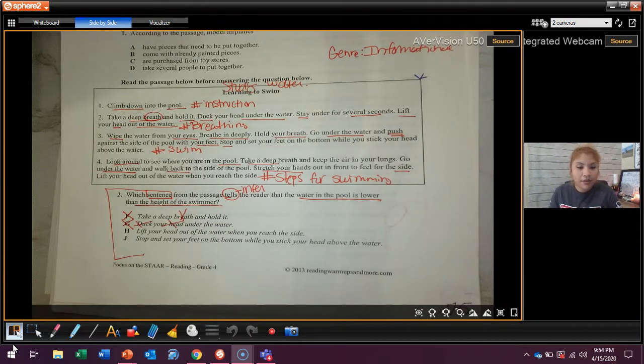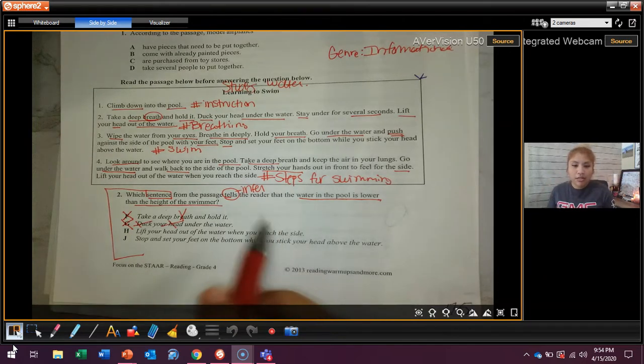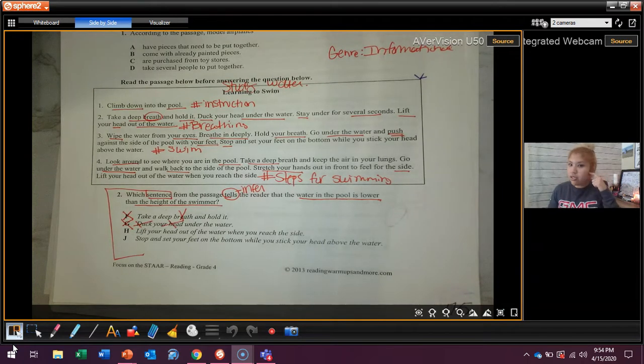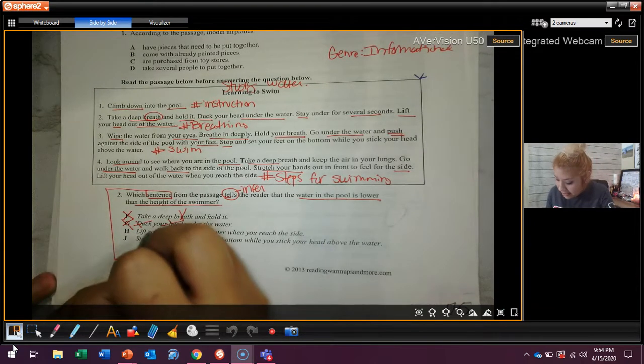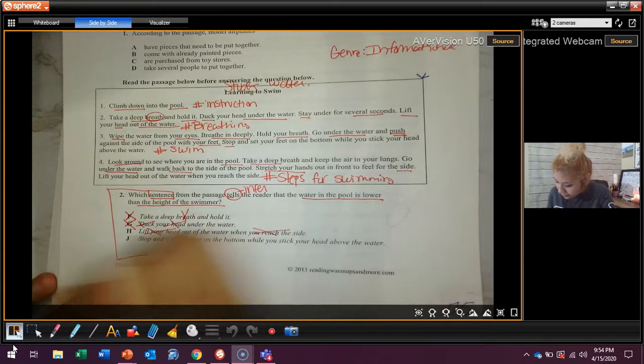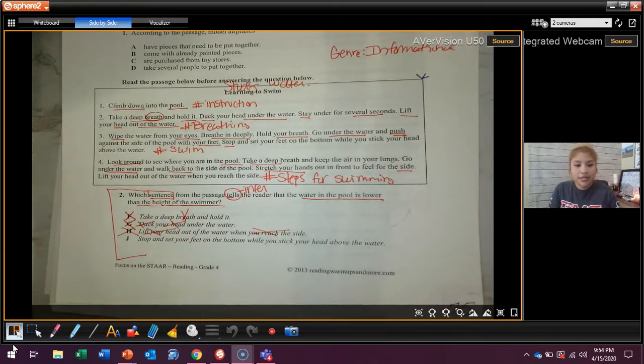H, lift your head out of the water when you reach to the side. So because you're lifting your head out of the water, does that mean that the water in the pool is lower than the height of the swimmer? You're just lifting your head, right? No, it doesn't say anything about that. And J, stop and set your feet at the bottom while you stick your head above the water.